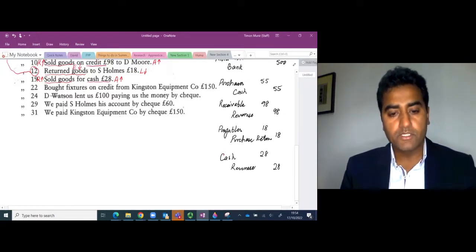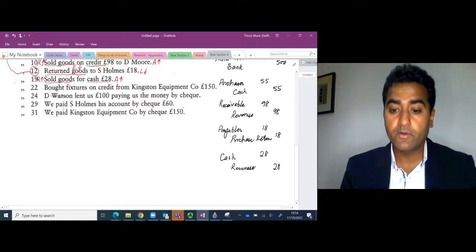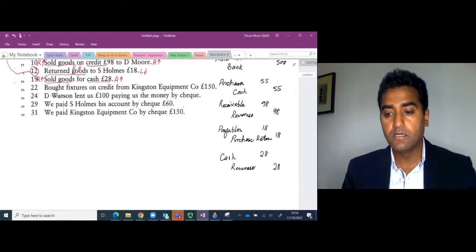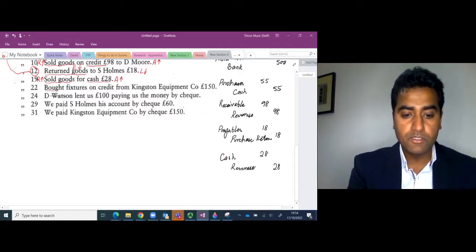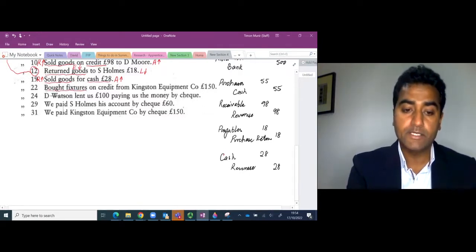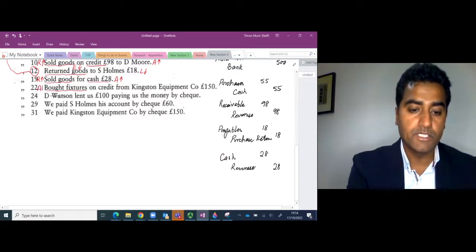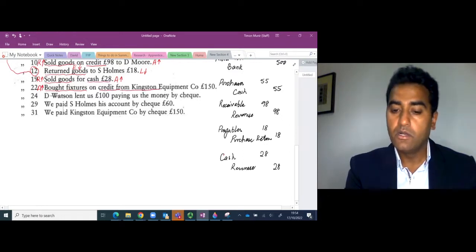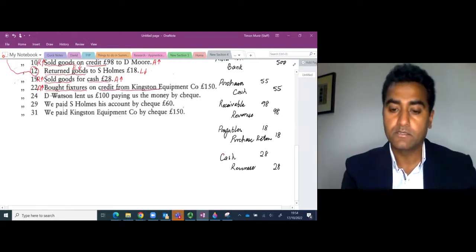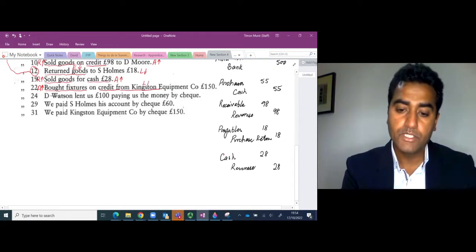On 22nd of August, bought goods on credit from Kingston Equipment Company for £150. So bought fixture. Fixture by nature is an asset which is increasing. On the other hand, I'm buying on credit from Kingston, which means I will be paying later. So it's my liability which is increasing.